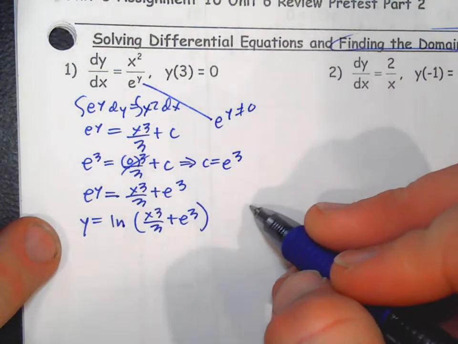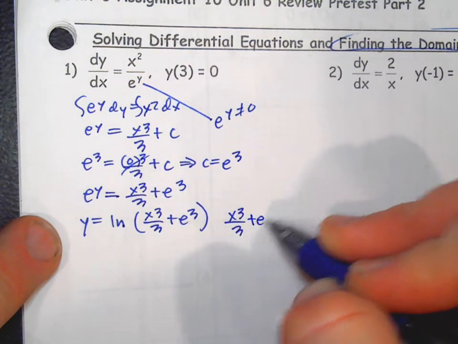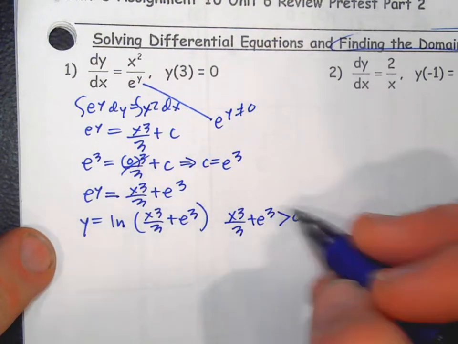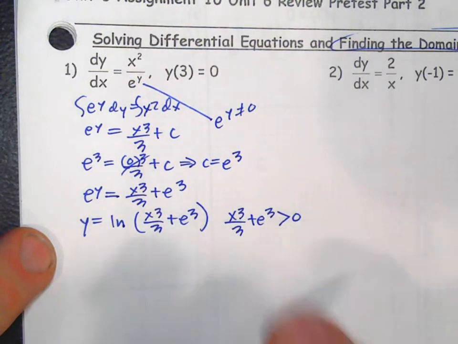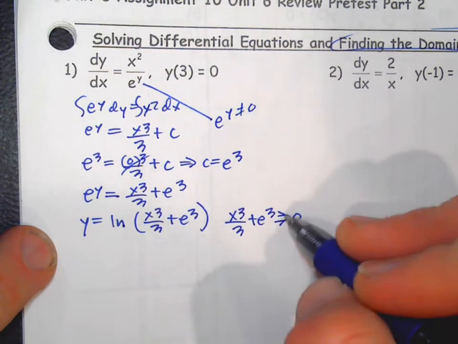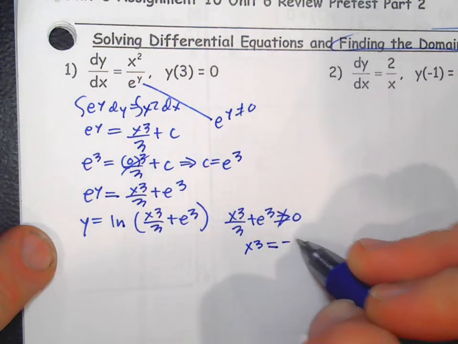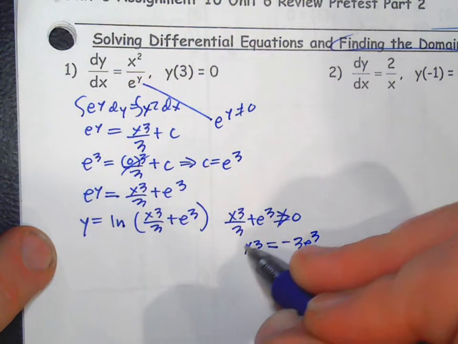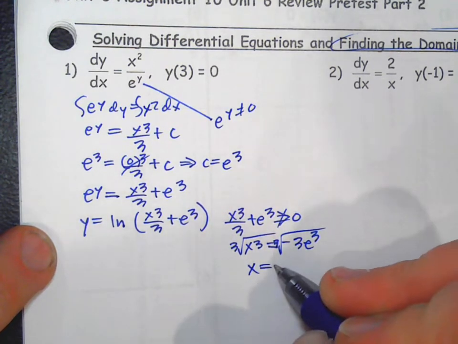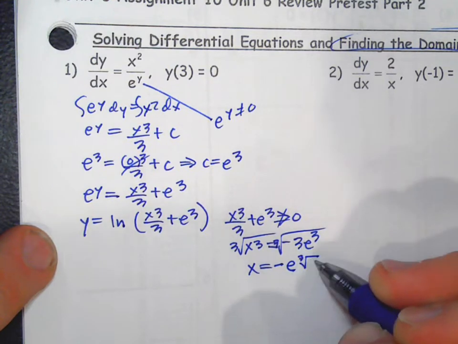The inside of a natural log has to be positive, right? So I think the easiest thing to do, so we don't have to worry about the inequality, because it'll be easy to identify the domain, is to just think of it as equal to 0. It can't be equal to 0. x cubed equals negative 3e cubed. We take the cube root of both sides, so x equals negative e times the cube root of 3.